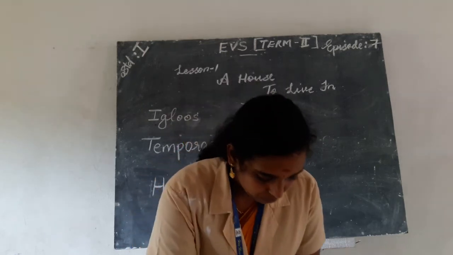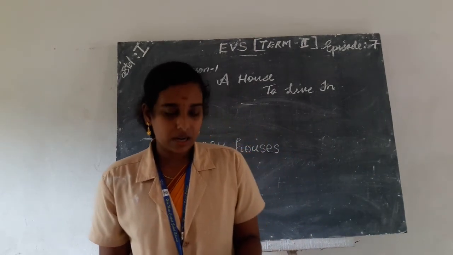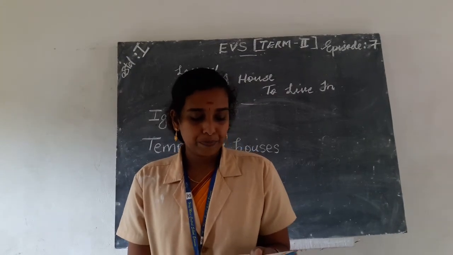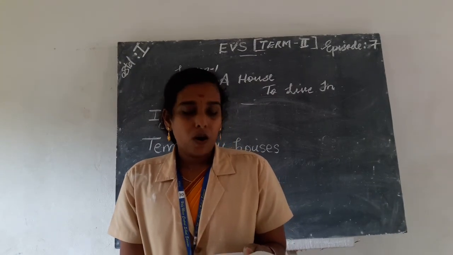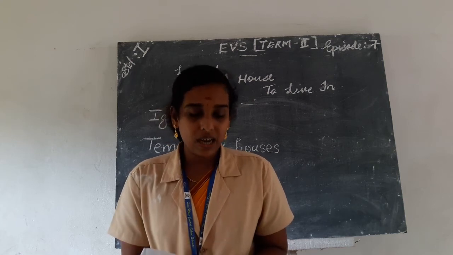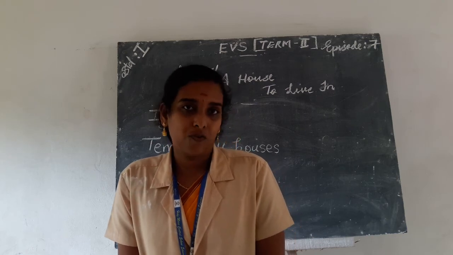So take your textbook, page number 140. Look at the text. We all live in a house. We call it our home. We live in our house with our family.